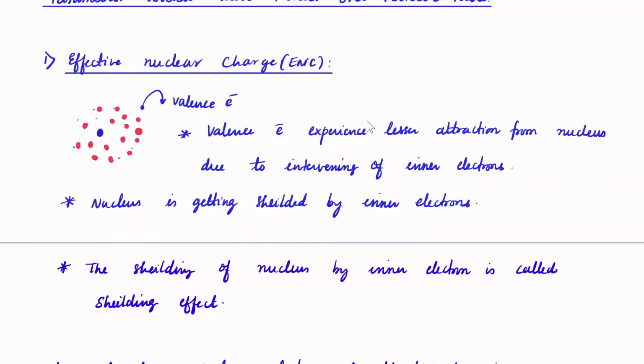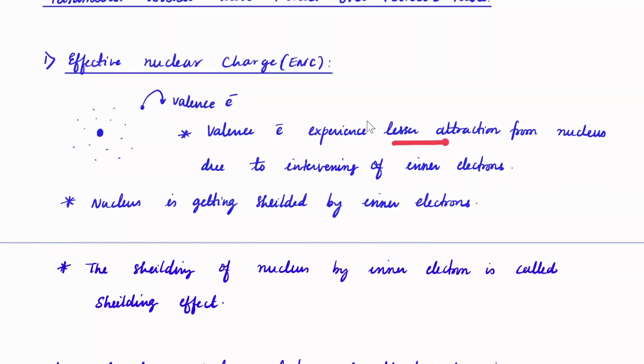These two are supposed to attract, but certain electrons come in between, which repel the outermost electron and attract the nucleus, because of which the effective attraction that's supposed to happen to the outermost electron does not take place, and in fact decreases.